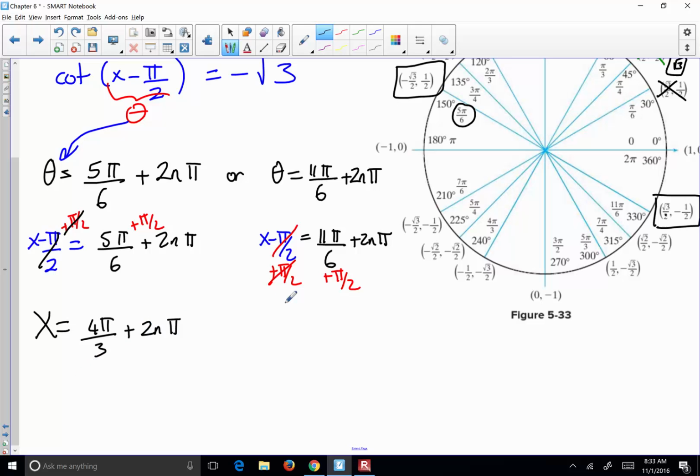Now this one is 11 pi over 6 plus 3 pi over 6, which is 14 pi over 6. It's 7 pi over 3.